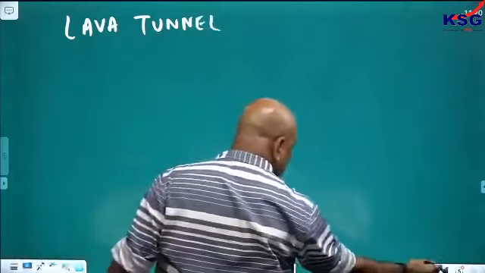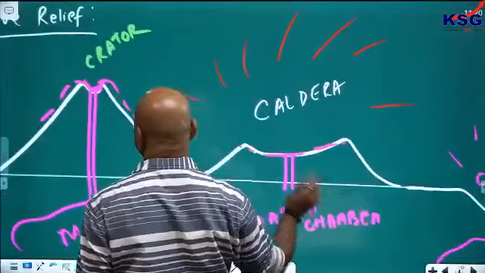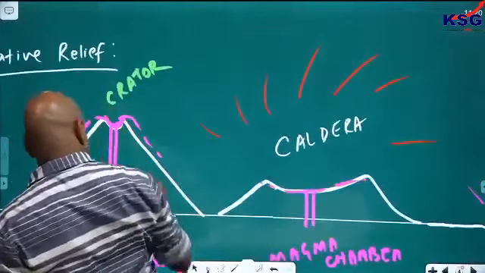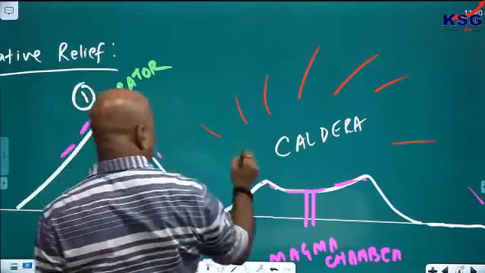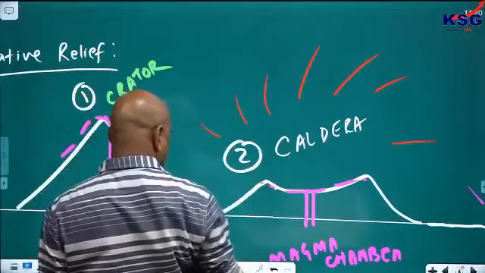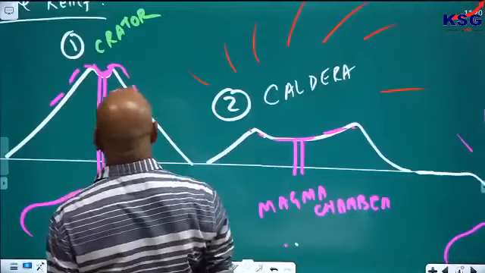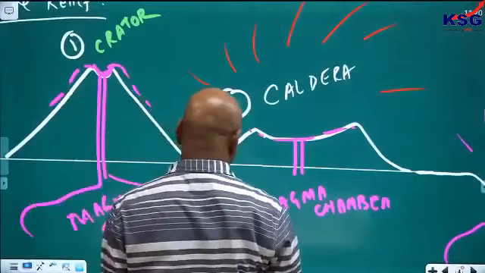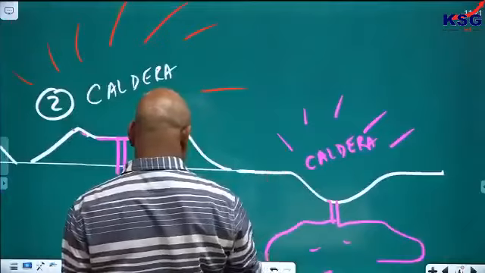So two things we got here. In the earlier case, number one is crater and number two is caldera. Crater and caldera, you will find these two landforms. Here this is also the caldera, the second one only.